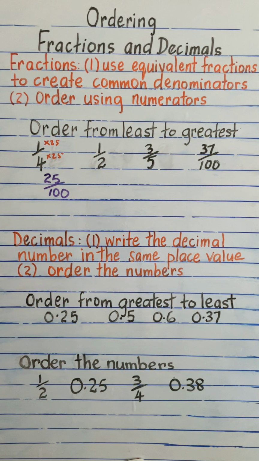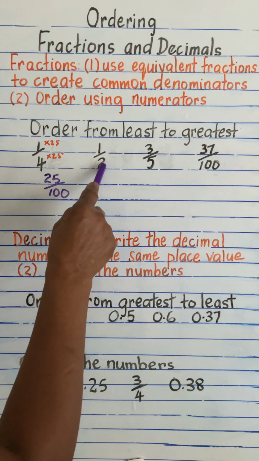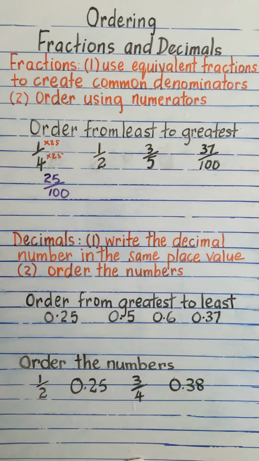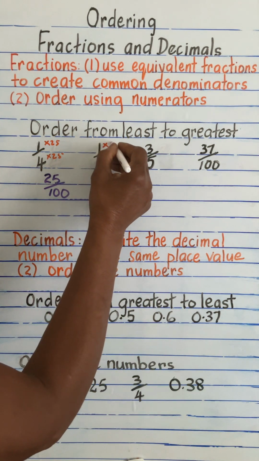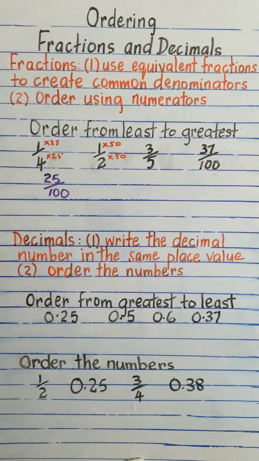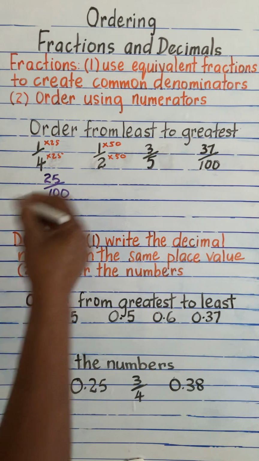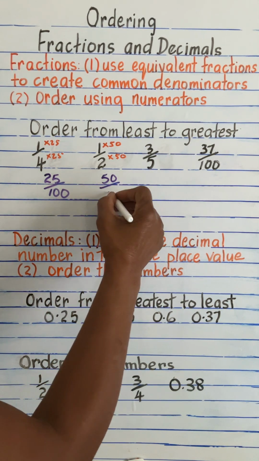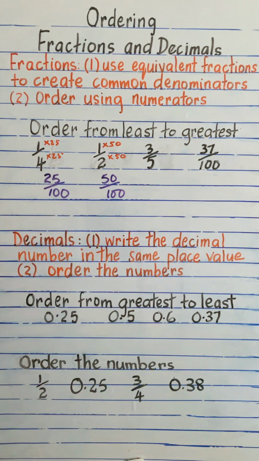A half. How many times can 2 go into 100? That is 50 times. So we multiply by 50. 50 times 1, 50. 50 times 2, 100. How many times can 5 go into 100?